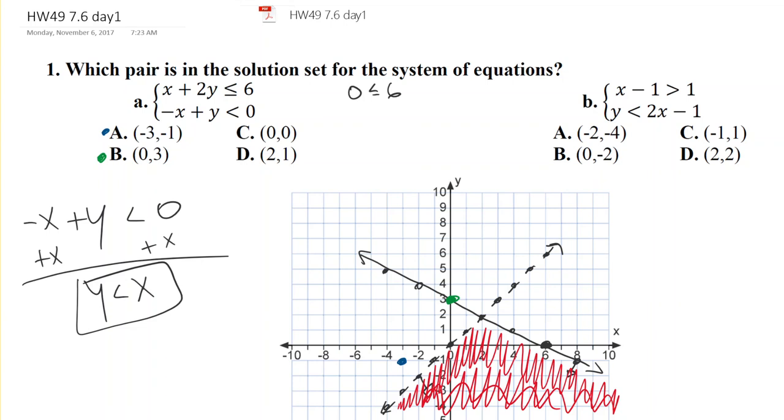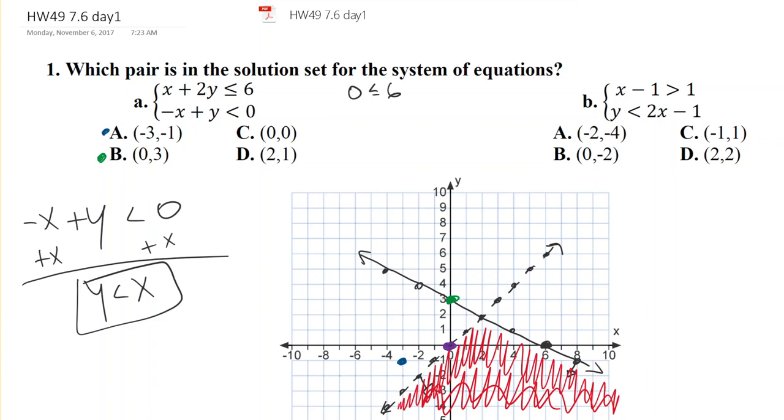0, 0. I shouldn't do that in that color pen. 0, 0 right here.